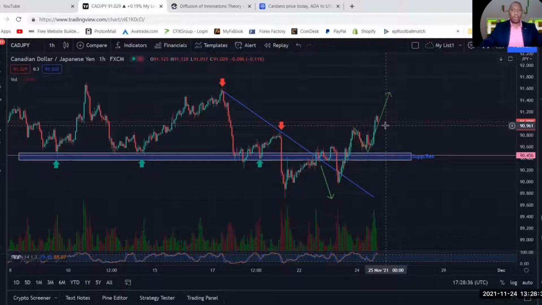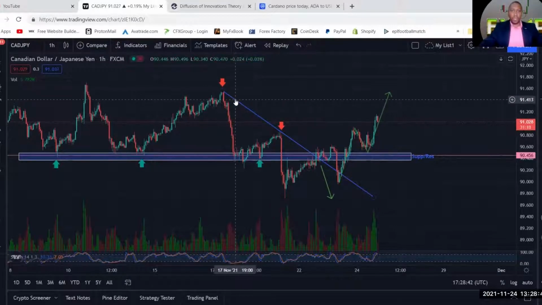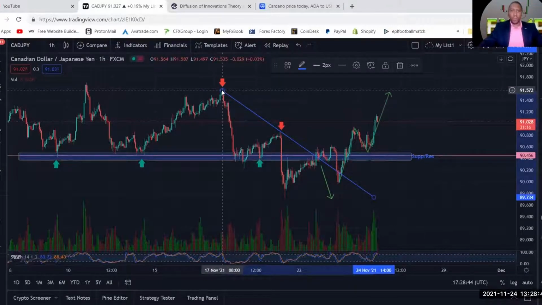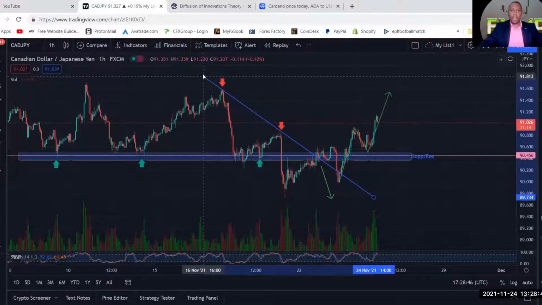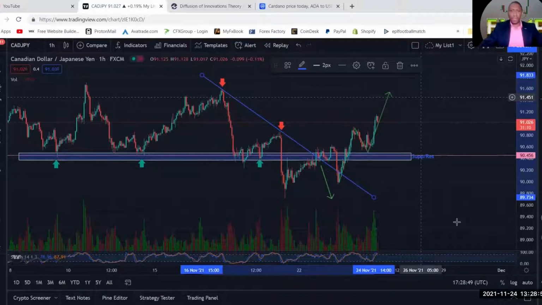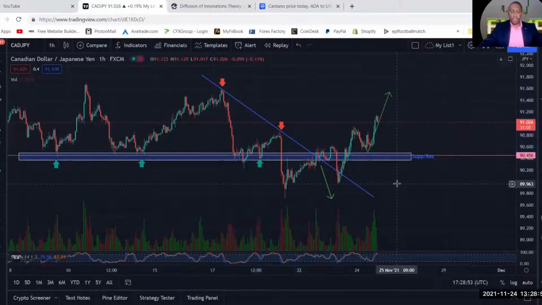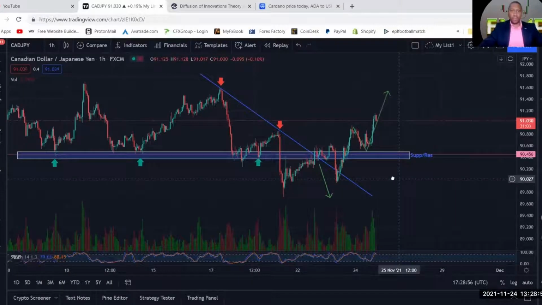Now, the price of crude oil usually affects the value of the Canadian dollar, because what most people don't know is that Canada is one of the top suppliers of oil to certain parts of the world.